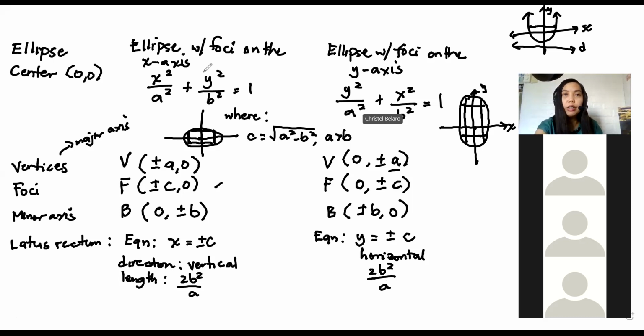Okay, so ano pa? So let's try example. Ang pinakamahalaga dyan, class, ay vertices, foci, your minor axis. So vertices is for major axis. And of course, the center. Hindi na natin i-graph ang latus rectum and directrices. Pero meron yan, class. Okay?